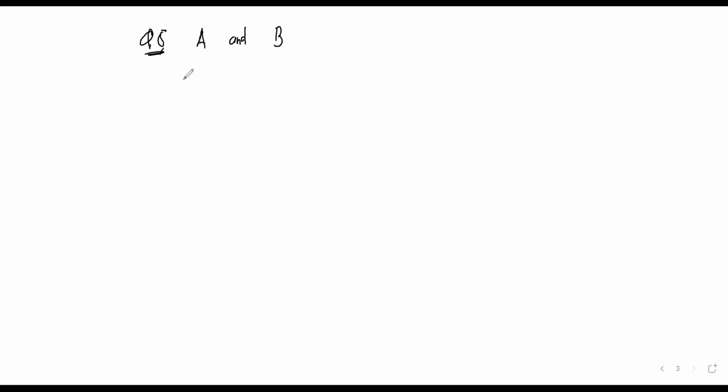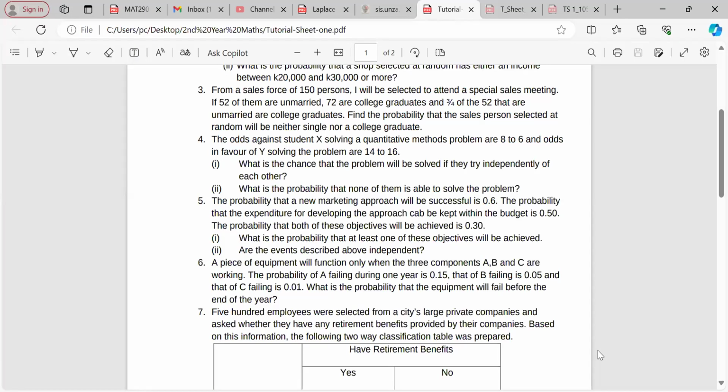Okay, so we'll have the probability of A to be 0.6. Let's check the events again. The first one, now that we have called A, is the event that a new marketing approach will be successful.